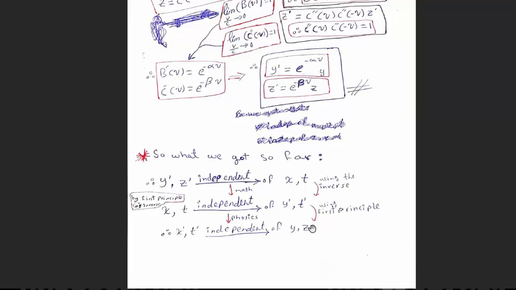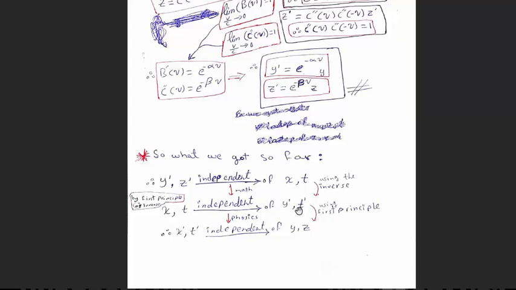So using the first principle, x and t is independent of y dash and z dash, and by applying this in frame sigma dash 2, it must be the same, as all physics laws have the same form. So we can say that x dash t dash is independent of y and z using the first principle.